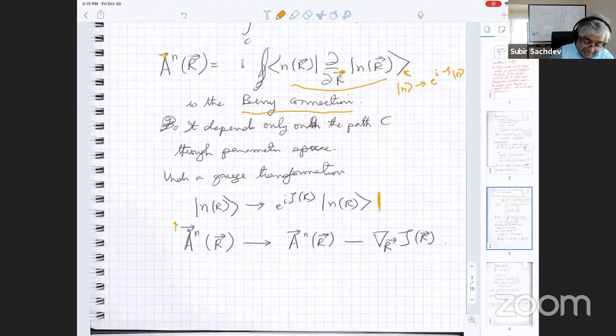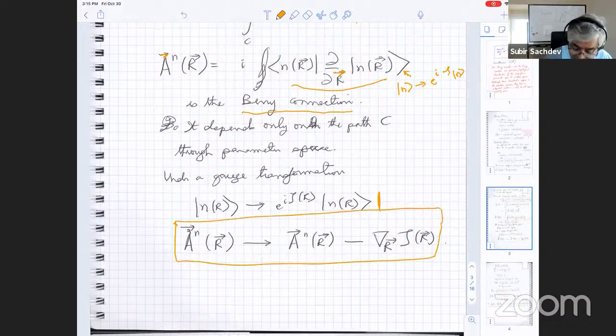Well, exactly like any self-respecting vector potential, it changes by the gradient of zeta, which is the gauge transformation. So there is this Berry connection, which is a vector potential in parameter space, which is not gauge invariant because it changes with gauges. But now we know, of course, there's an electromagnetic field which is gauge invariant, and that electromagnetic field is what's called the Berry curvature. So the analog of the electromagnetic field in real space is the Berry curvature in parameter space.